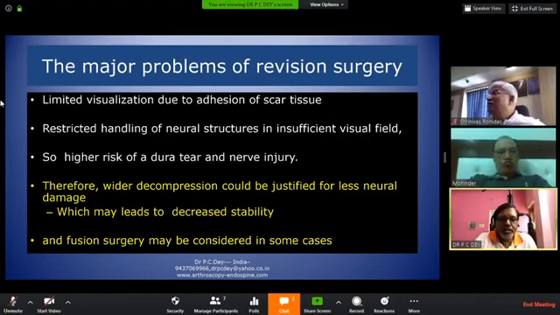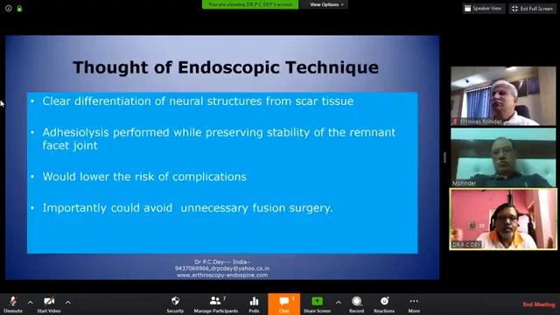So fusion surgery may be considered in some cases like this. It is written in a lot of journals and books. So now think of the endoscopic technique: clear differentiation of the neural structure from the scar tissue. Adhesiolysis performed while preserving the stability of the remnant facet joint would lower the risk of complications and, importantly, could avoid unnecessary fusion surgery.